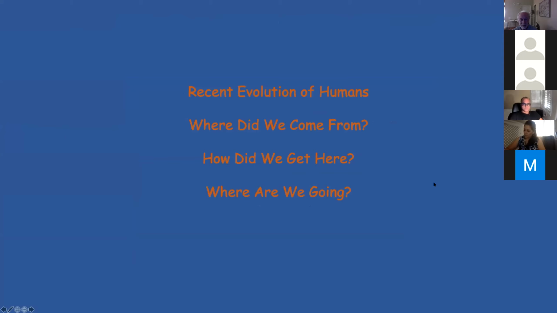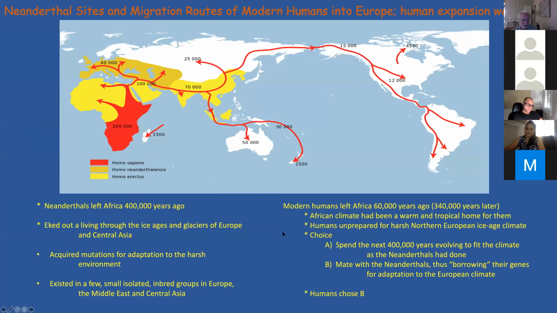And now, to finish, I'd like to talk about evolution of us. Where did we come from? How did we get here? And where are we going? This is a map of the world. Humans came from Africa.